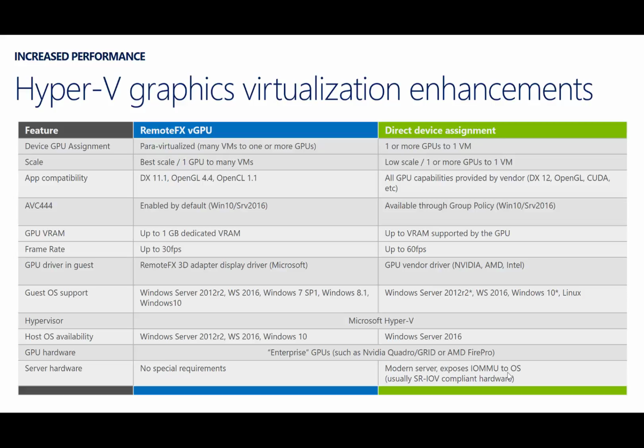Now, the guest OS support, you'll see here that once we start talking about direct device assignment, the list of supported operating systems is actually smaller, because specific functionality needs to be built into those in order for that to be provided.